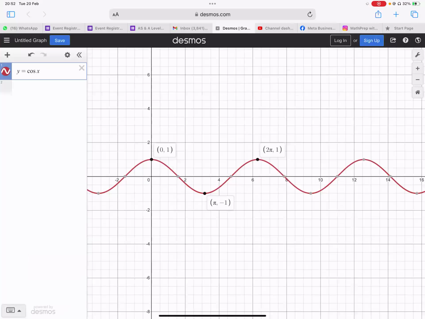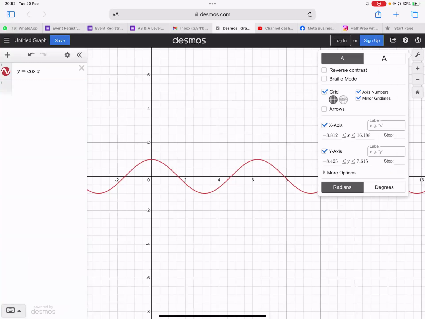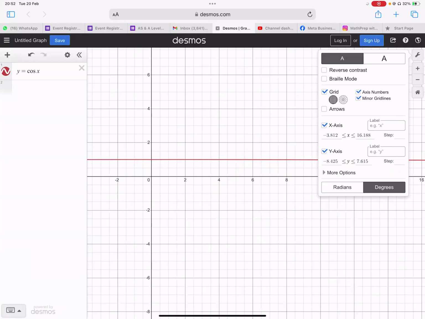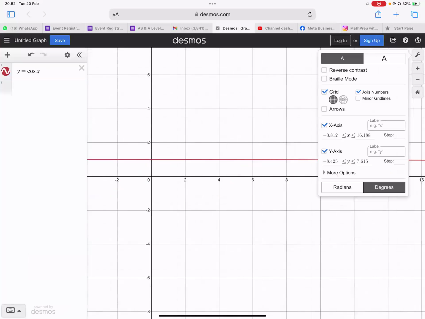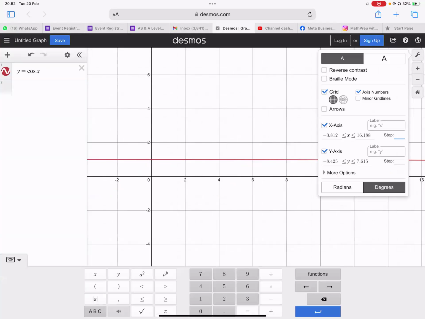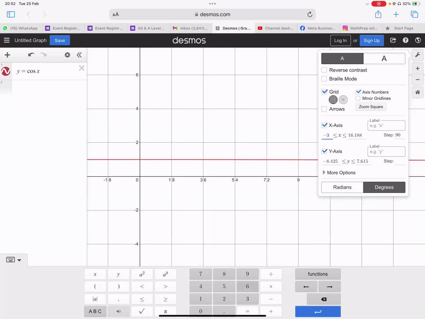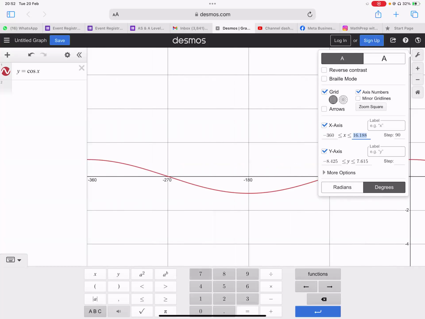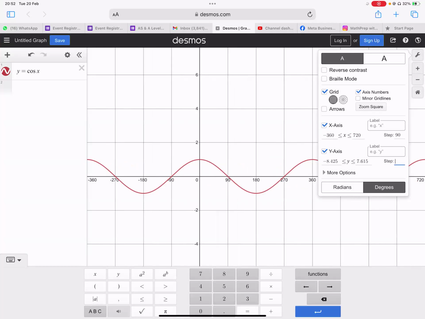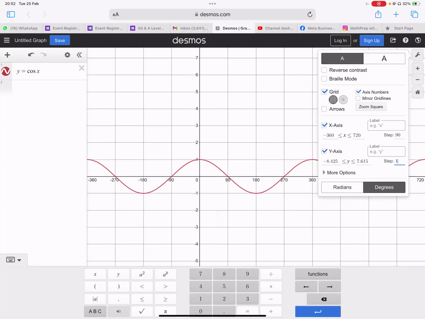Let me change it to degrees first, so you understand that better. And remove the minor grid lines, x-axis, the step should be 90, let's say. Okay, and let's make it -360 to 720, this step to 1.